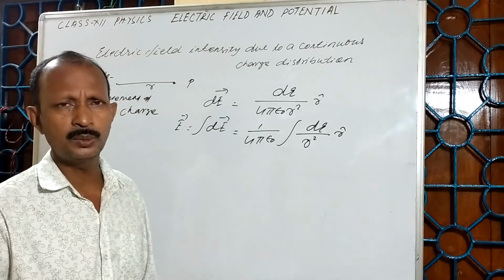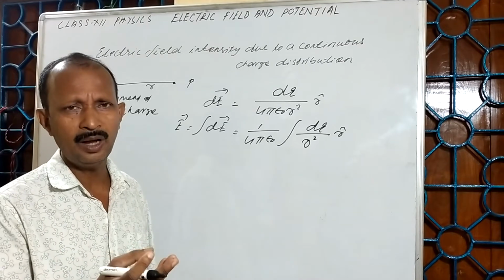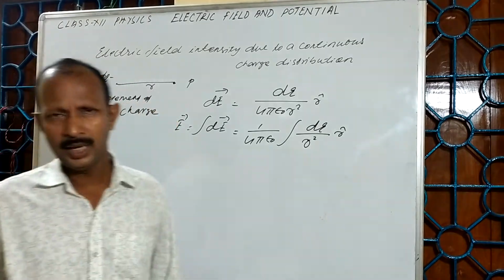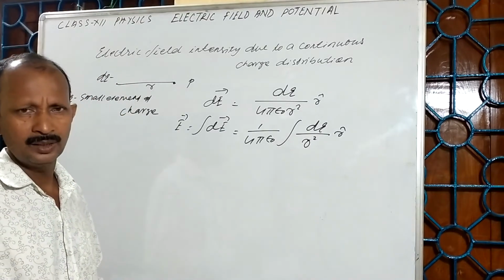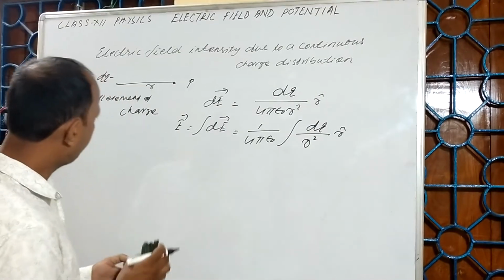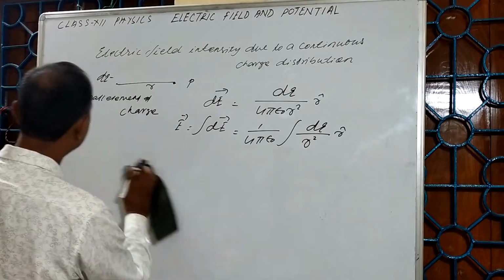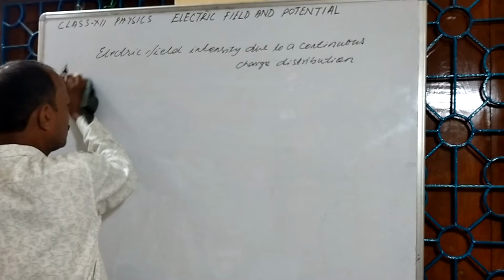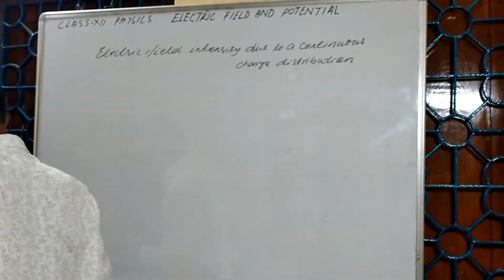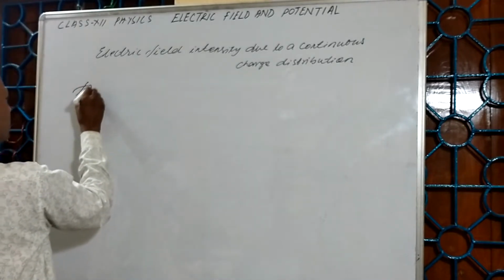But the charge distribution may be linear, may be area distribution, meaning superficial distribution, or may be volumetric distribution. For linear charge distribution, listen carefully.